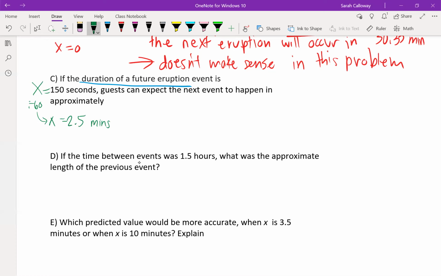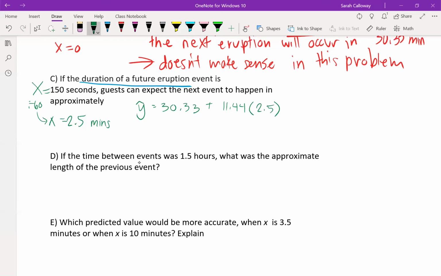So in order to find the time between the events, when I can expect the next event to happen, I'm going to use the predicted value formula. So I've got y hat equals 30.33 plus 11.44 times my 2.5.